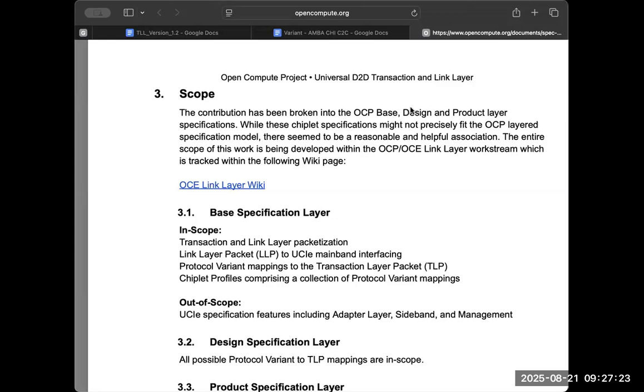The design would be when you start defining the protocol mappings, and the product layer is really a profile when you mix a bunch of those variants together, and it specifies a chiplet link specification. So anyhow, that's how I broke up this document. I went ahead and put a link to our link layer wiki in this document, so when people pull up this contribution, they can go right there and see everything that we're working on.